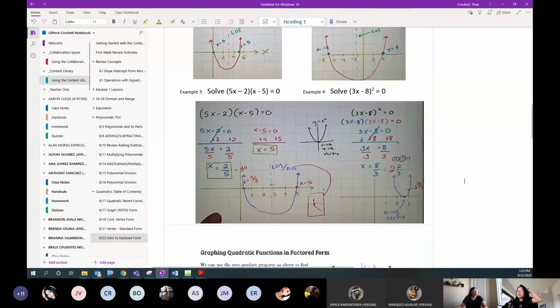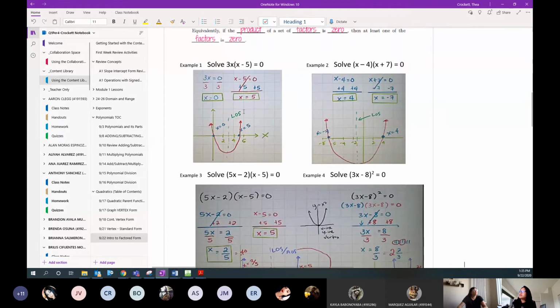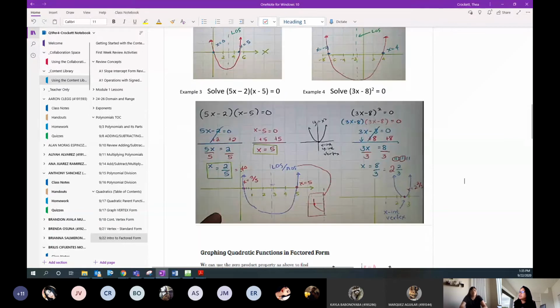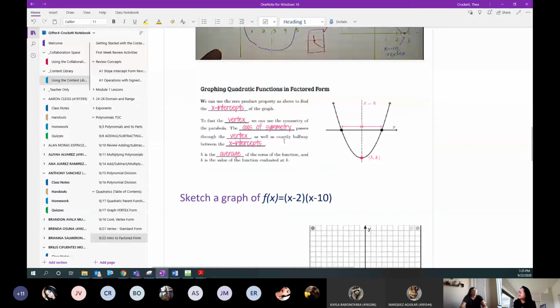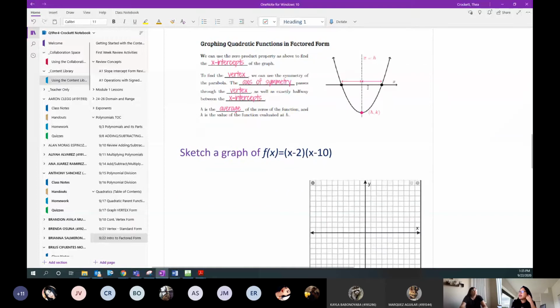Okay, so if we're given a factored form, we can already graph them by just knowing where the x-intercepts lie. It's very important. Okay, so we have a taste of graphing, but on the next examples, besides the x-intercepts, we're also going to graph the vertex.